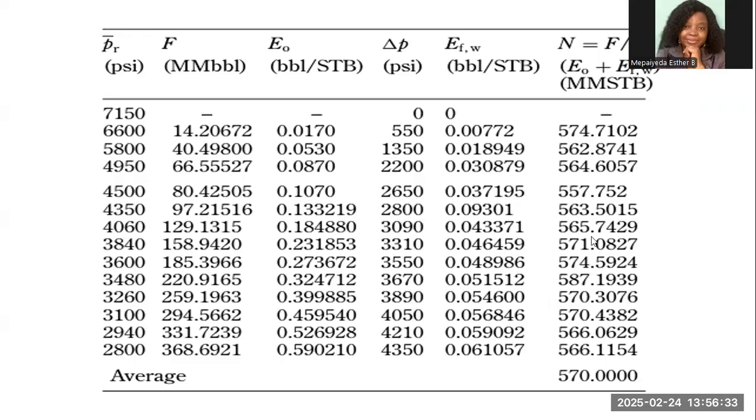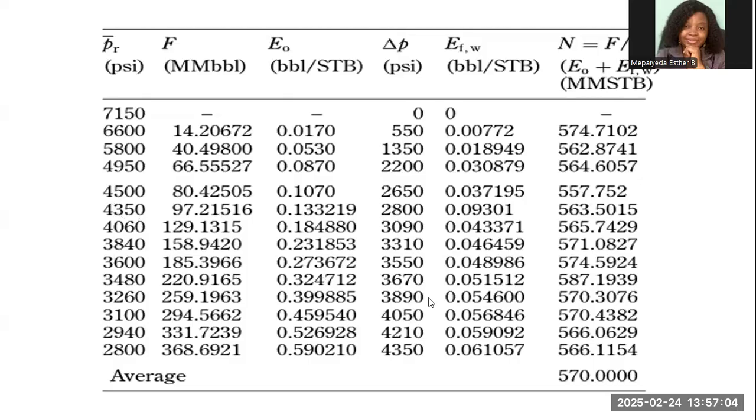Okay, so you have the F estimated, the EHEO for the saturated state, you have them here. Your change in pressures, that's 7150 minus each of the reservoir pressures: 7150 minus 4350, 7150 minus 4060 give this, 7150 minus 3840 give this.